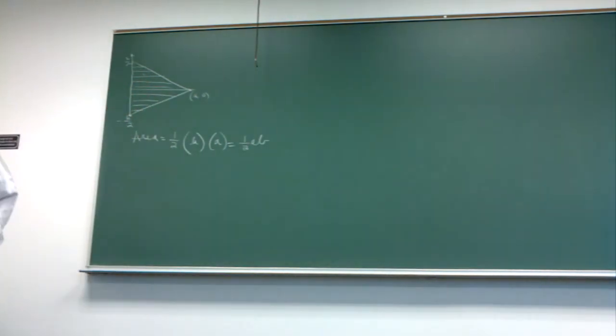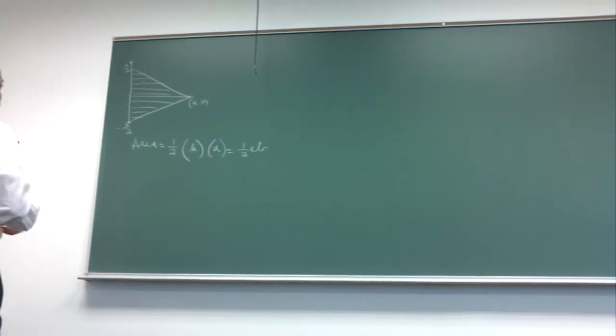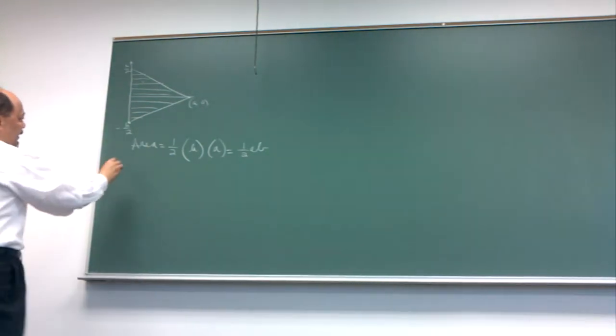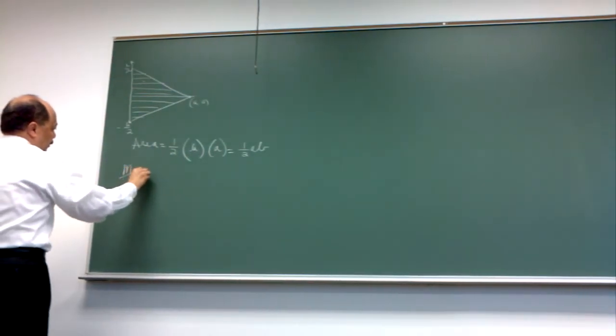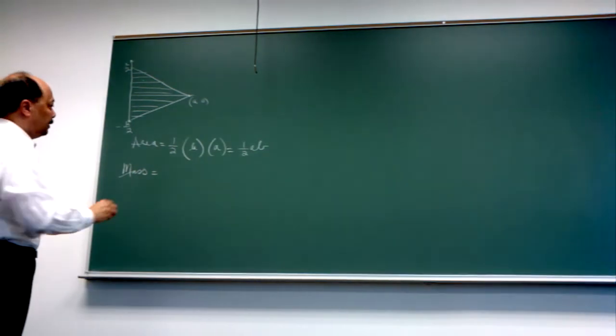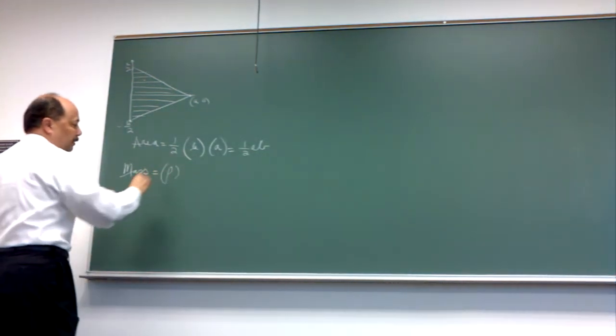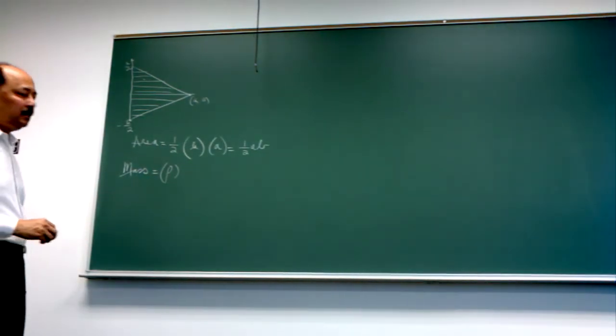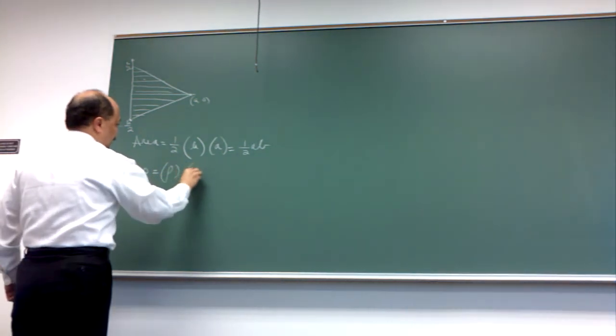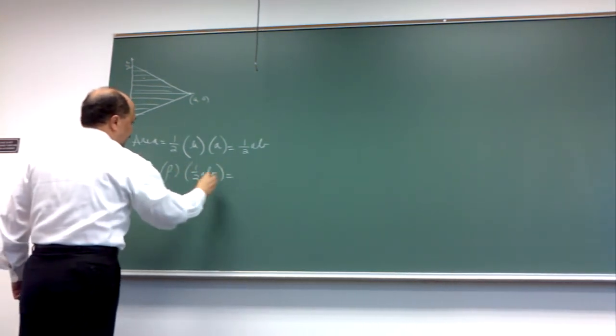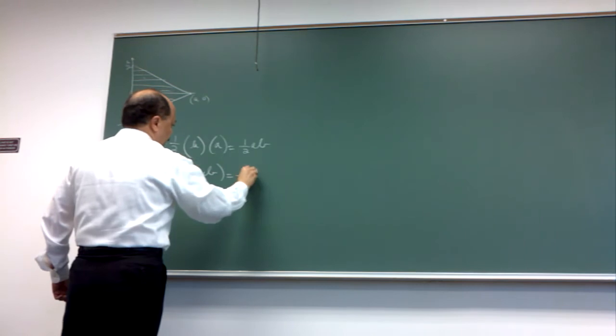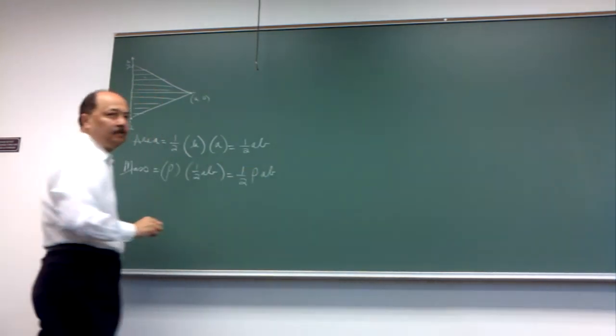As simple as that. Don't have to integrate, don't have to do anything. And the mass will be the density, rho, times 1/2 ab. So this is 1/2 rho ab.